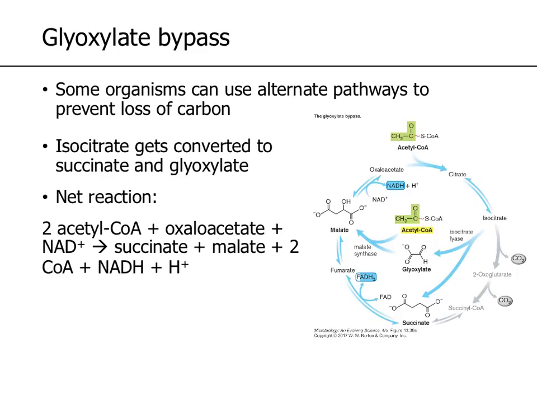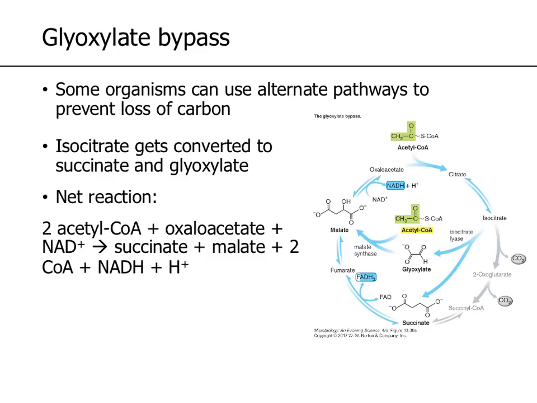some of these cells can divert isocitrate into succinate and glyoxylate. Succinate is already part of the cycle, and the glyoxylate also goes straight into malate here. You don't lose the carbons here, and so if it needs to, it can start synthesizing from those carbons.